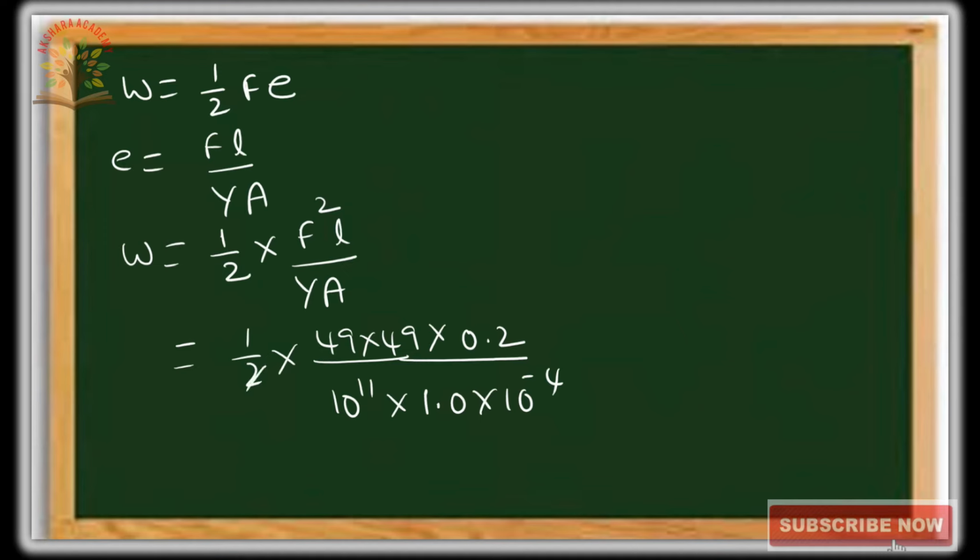Here 2 ones are 2, to 0.1, that is equal to 49 into 49.